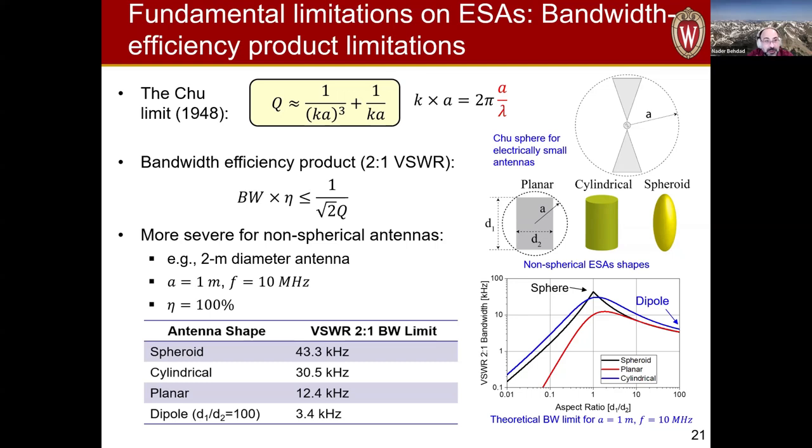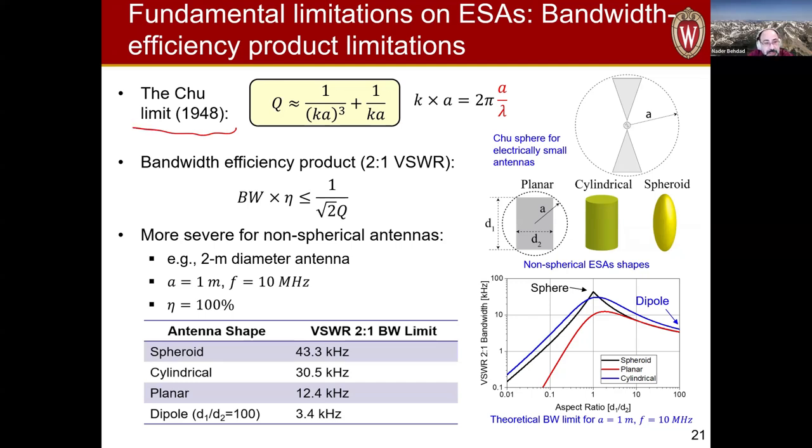The reason I want to talk about this here is that it's really important at HF frequencies, because our wavelength is so large that in many cases we're dealing with antennas that are very small. There have been a lot of studies in this field.